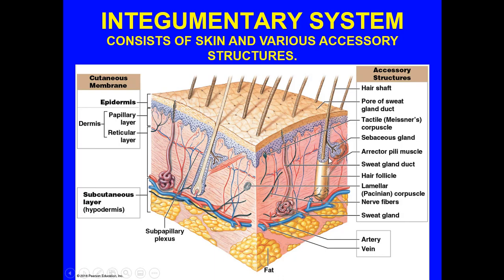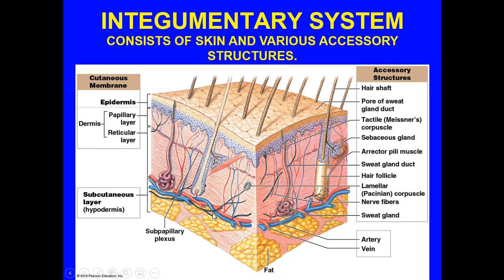You also have this sebaceous gland, which produces the oil that helps lubricate and keep the hair shaft somewhat moistened. Also, this entire follicle can be pulled straight upwards by this small tuft of smooth muscle called the erector pili muscle.